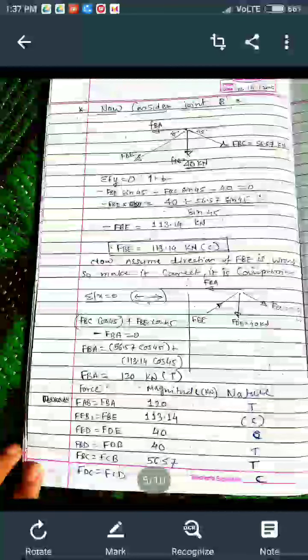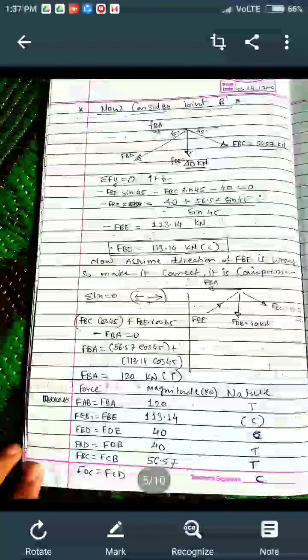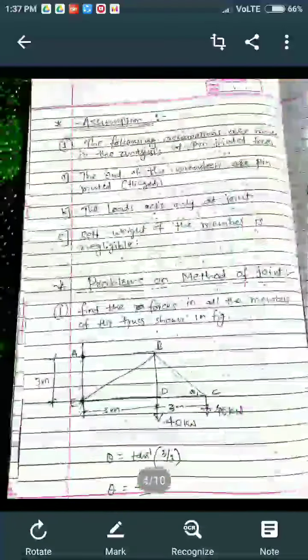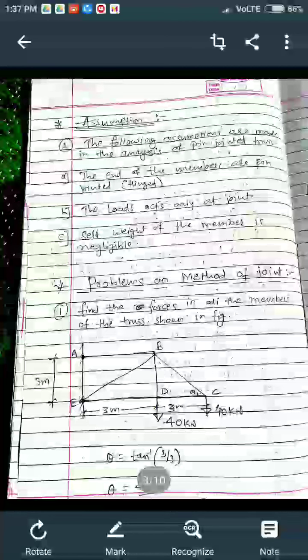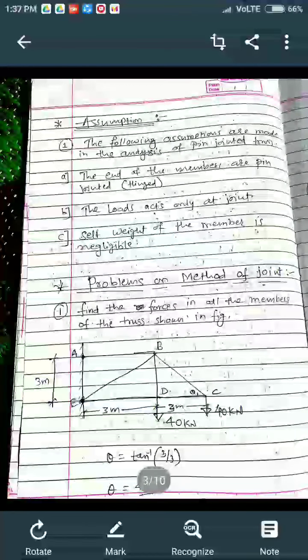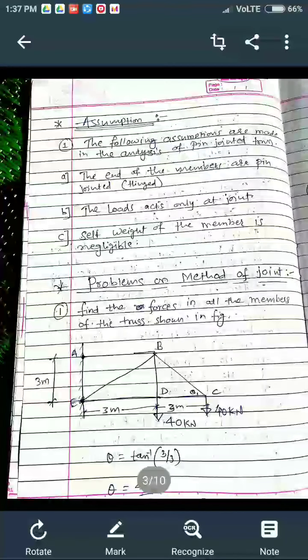Now we will consider the remaining joint, that is B joint. See, at B joint we know FDB. So unknowns are FBA and FBE. FBC that we have already calculated, FDB that we have already calculated. So only two unknowns will be there, that is FBA and FBE.